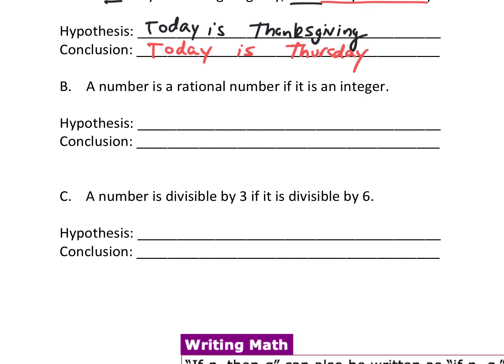A number is rational if it is an integer. So this one is written a little bit out of order, but that if word is super helpful for us. If a number is an integer, so let's even get rid of the if. A number is an integer, then the number is rational.